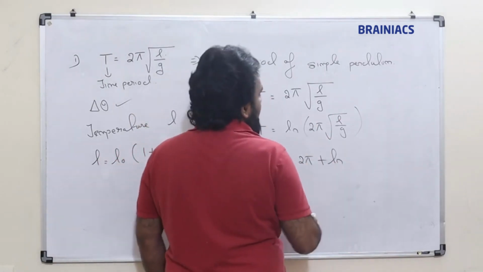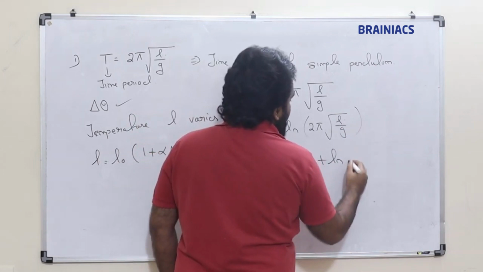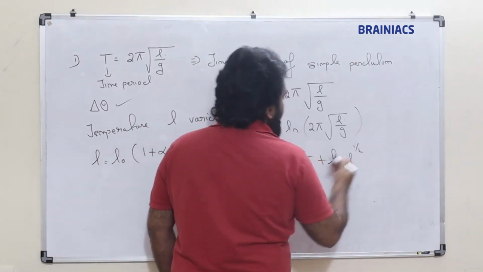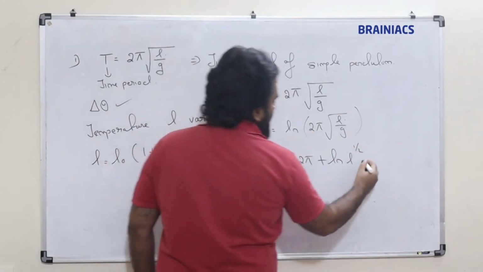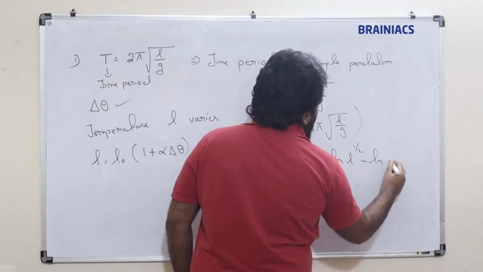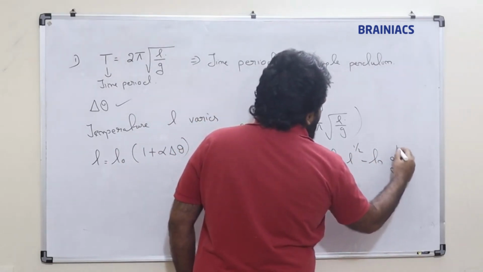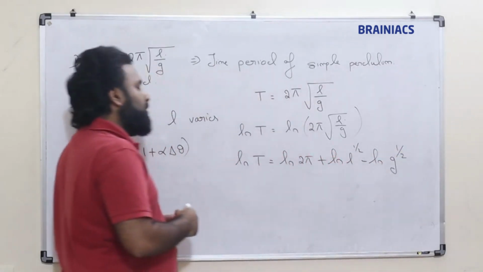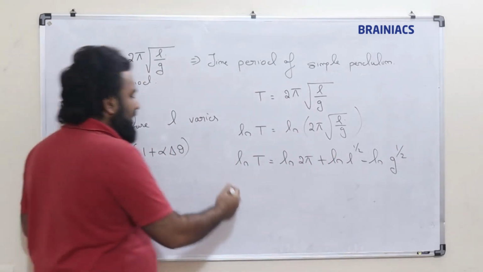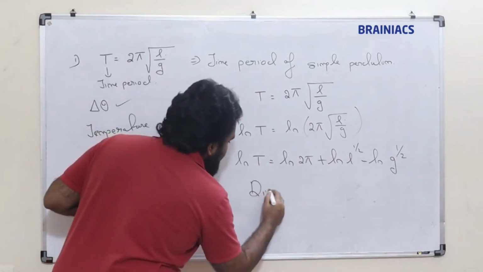So natural logarithm of root L can be written like 1 by 2 natural logarithm of L. This is division, so minus natural logarithm of G raised to 1 by 2. Clear? Now we will differentiate this.